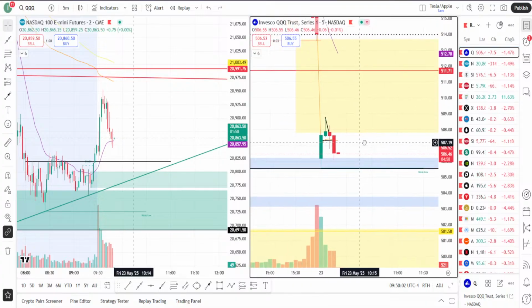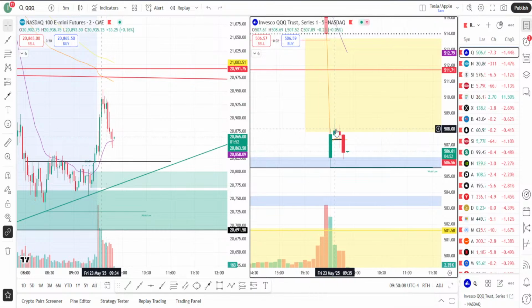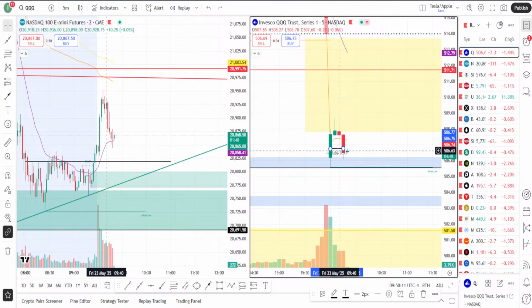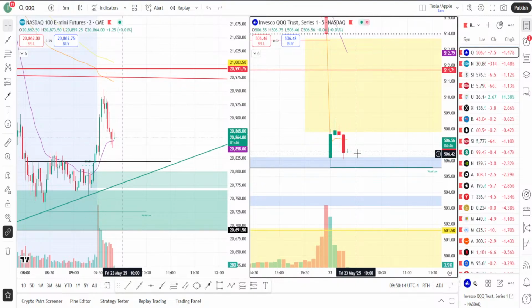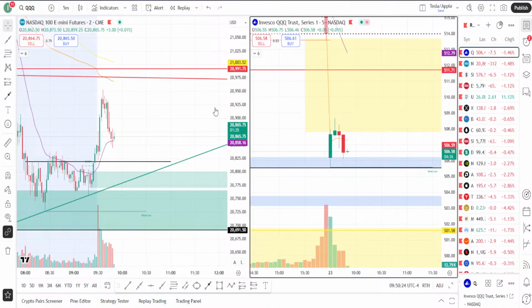Gotta sit tight, wait for a good opportunity here. We've known the market to be very unpredictable lately in the mornings. The afternoon or the lunchtime is now the best time to trade. It's weird. So let's be patient here, wait for a good setup.